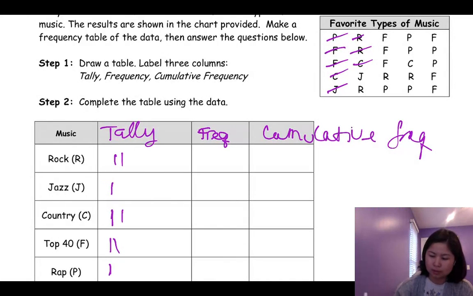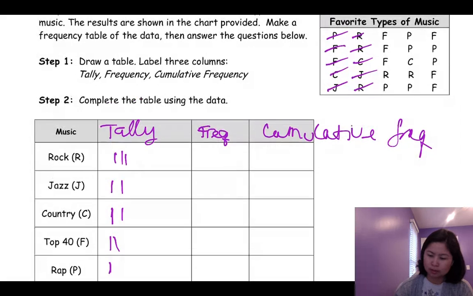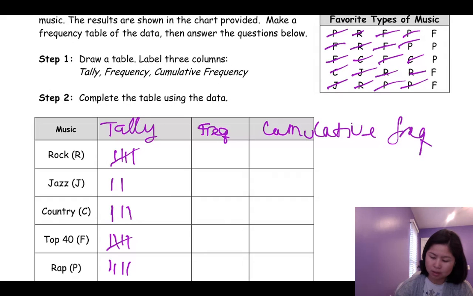One C. I have one J. Another R. I have 1, 2, 3 F's. Then there are two more P's, and 2P, 2F.